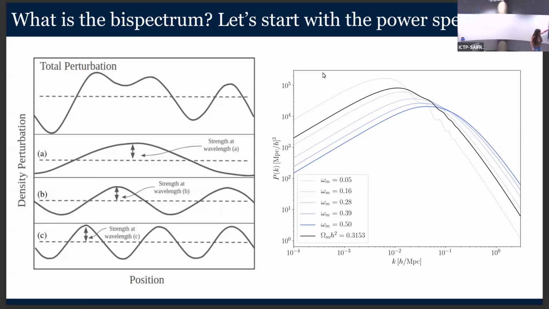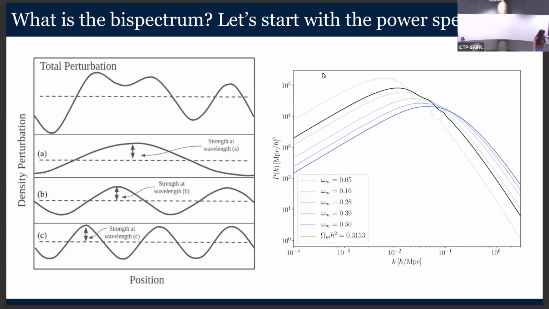So you can do this decomposition. The power spectrum is basically telling you the amplitude, the weights that you're going to give for each of these periodic functions that sum to your overall contribution. Here, this is going to be the inverse of position. This is the wave number associated with a particular wavelength.